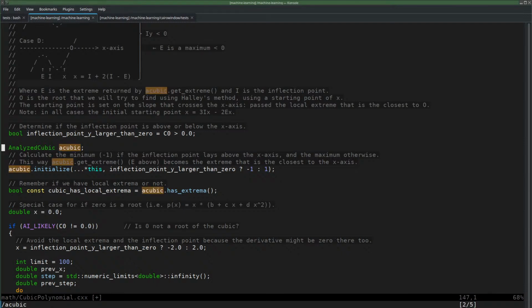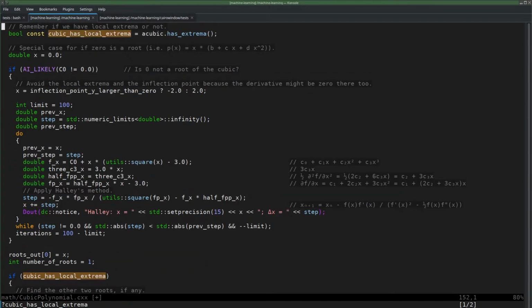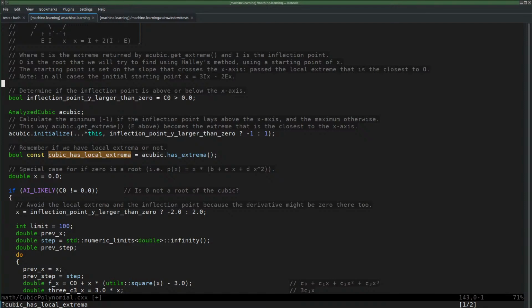Okay, I have to figure this one out. There's a slight problem here. For some reason I ended up with x times x squared minus 3, which always has extremes. That's of course not possible.